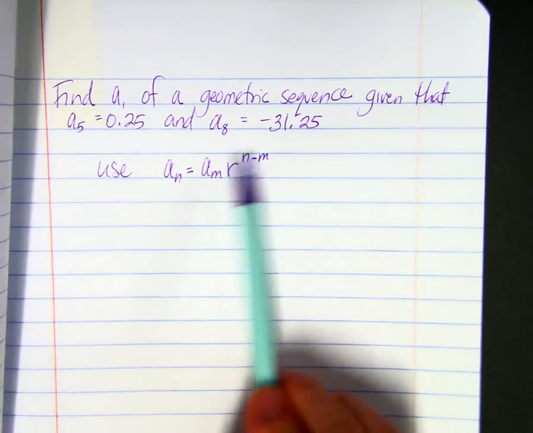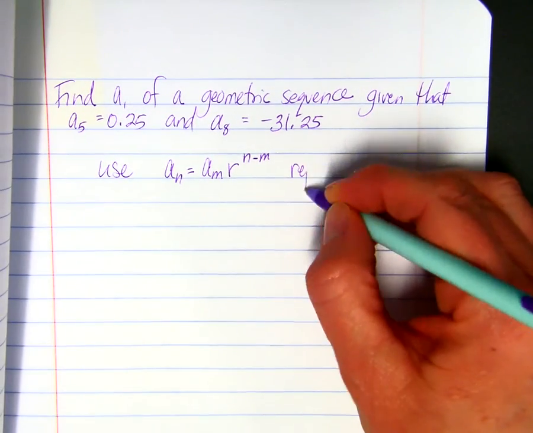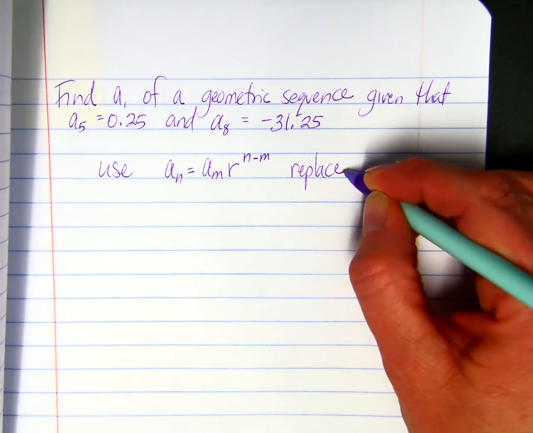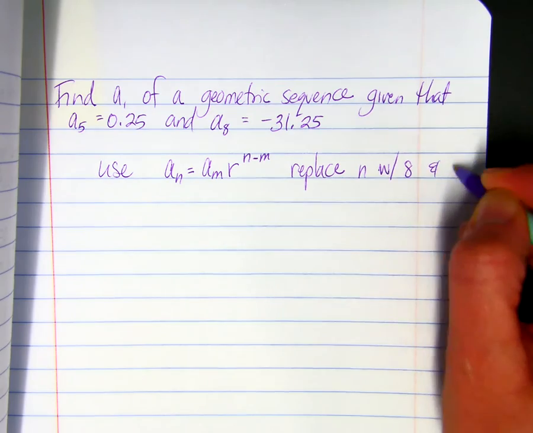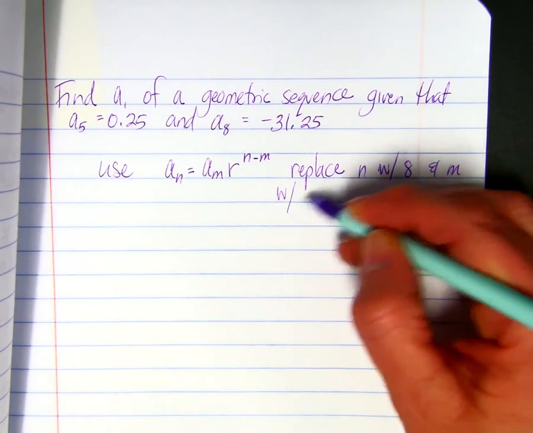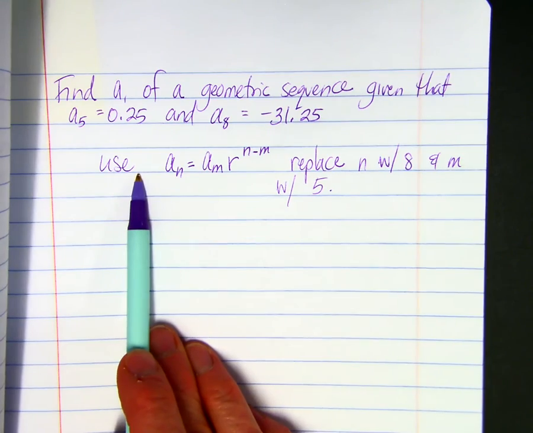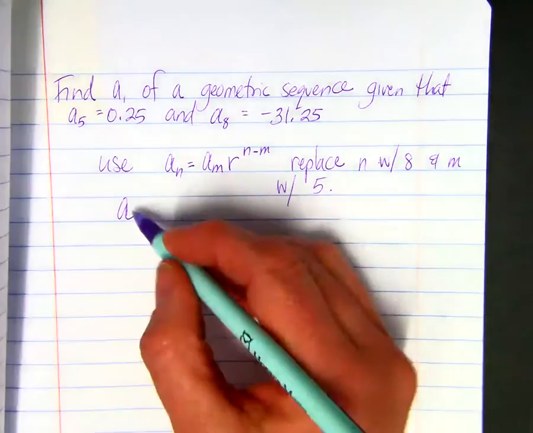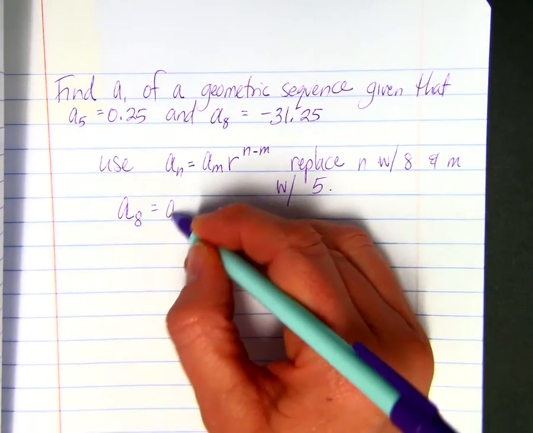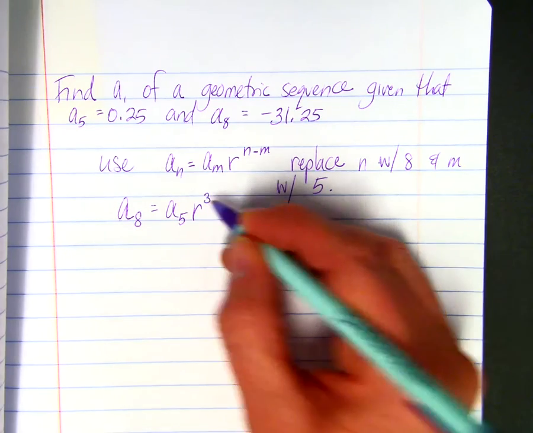This is going to help us find what r is. So we're going to replace n with 8 and m with 5 because the fifth term comes before the eighth term. So we have a sub 8 equals a sub 5 times r raised to the 8 minus 5 power.